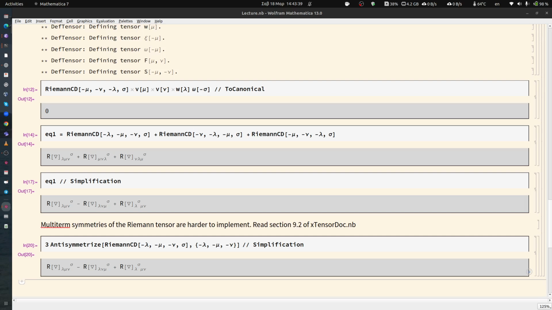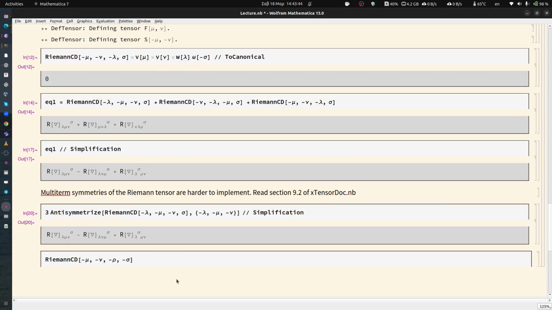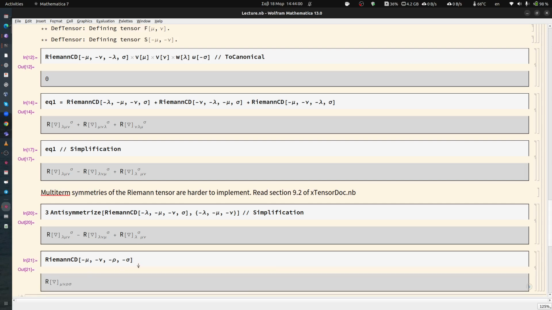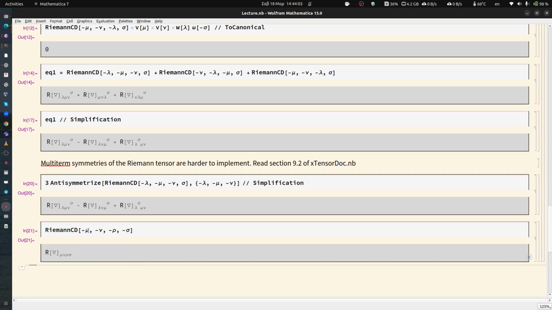Now, the covariant Riemann tensor is obtained by lowering the last index using the metric. This is possible only if there is a metric in the manifold which is used for lowering the index. And we know that this tensor has more symmetries than the Riemann tensor with the index upstairs.